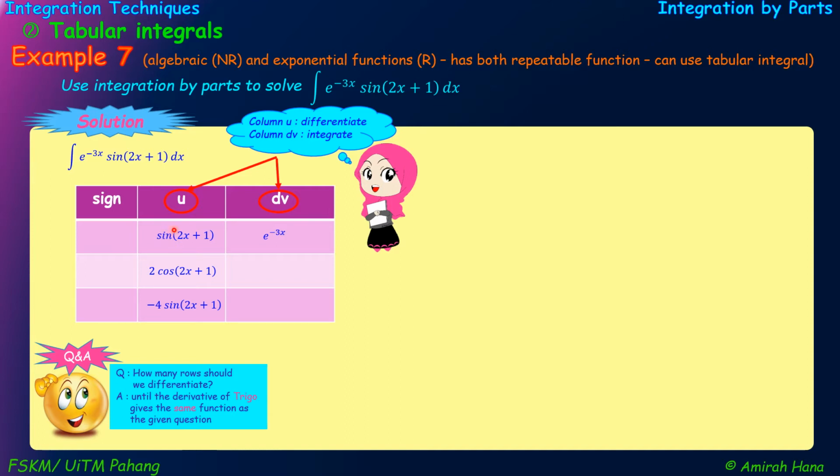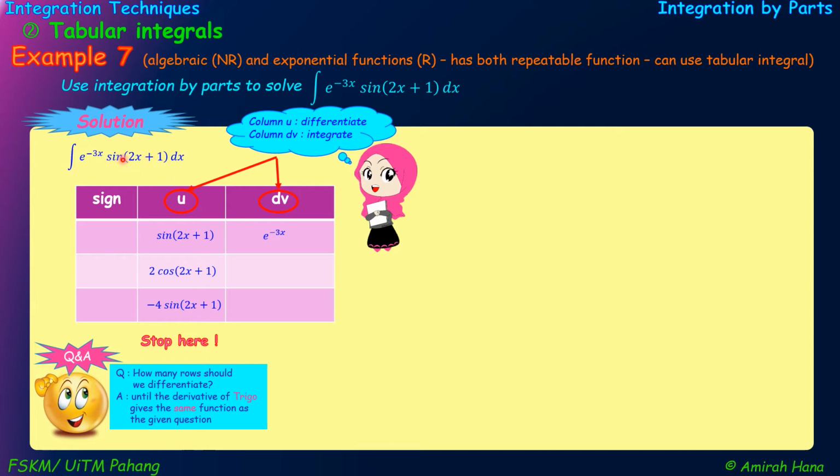So, after we get back sine, we can stop the rows. We stop here, because from the given question, we have sine of (2x plus 1). So we stop when the derivative gets back the given function.